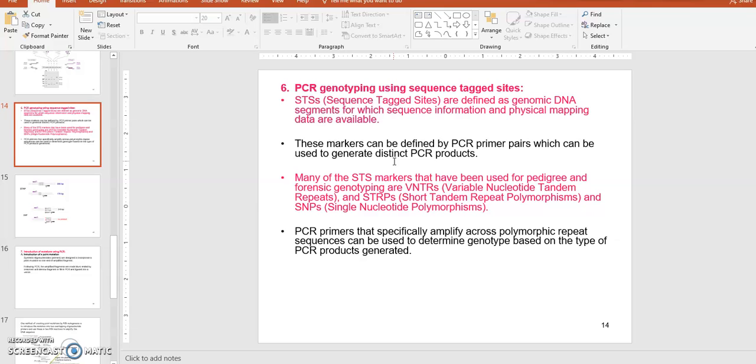So we call those maybe variable nucleotide tandem repeat sequences, or short tandem repeat sequences, polymorphism, or single nucleotide polymorphism. You find those unique DNA sequence bits from individual genomes. Okay, so those are the sites of our genomes that DNA fingerprinting is targeting.